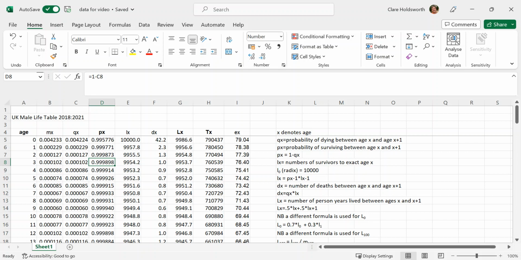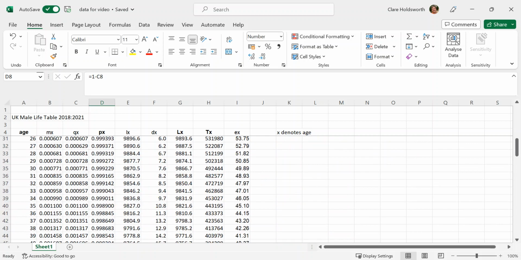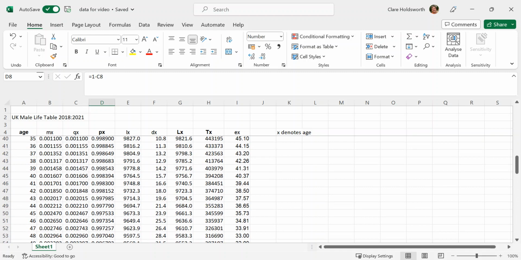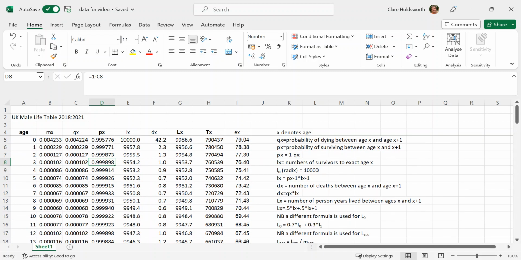So in this unabridged life table, which is taken from the ONS Male Life Table 2018 to 21, we have a life table for single years of age, and as you see it starts at age 0 and it finishes at age 100. I just need to explain what all of these different columns are.